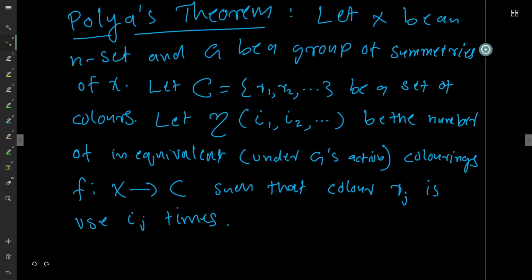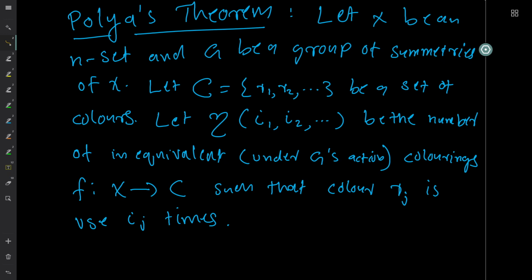We come to the main theorem that we wanted to prove, which is Polya's theorem. As we noted before, what we wanted to do was to count inequivalent colorings where the number of colorings is given.